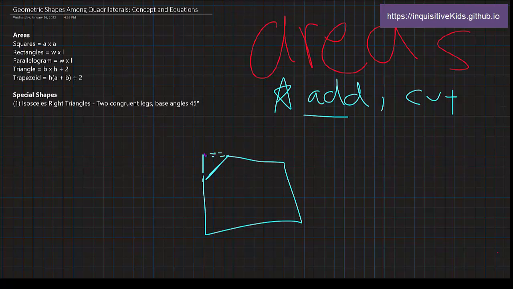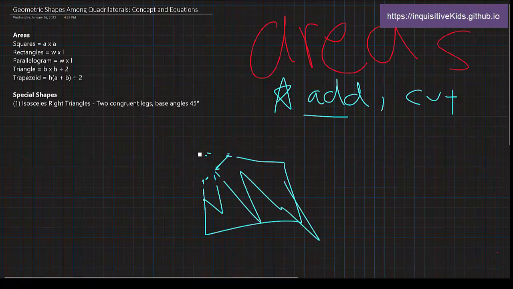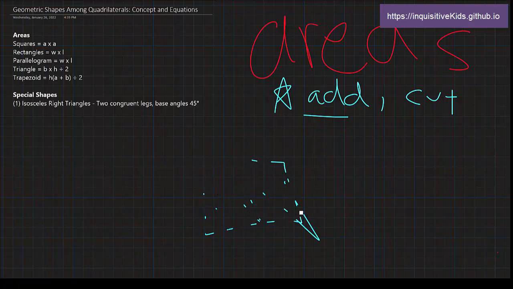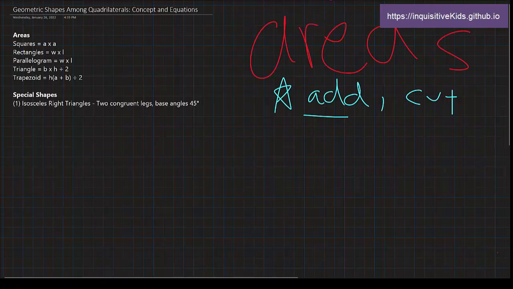So I'm first going to add that. And the best way to show that is using these dotted lines. Then you're going to find that area, and then subtract that from the total square, so you can get the area of this part. This method is something really, really important for you to master by the end of this series. So I hope you can really see shapes once you get them.